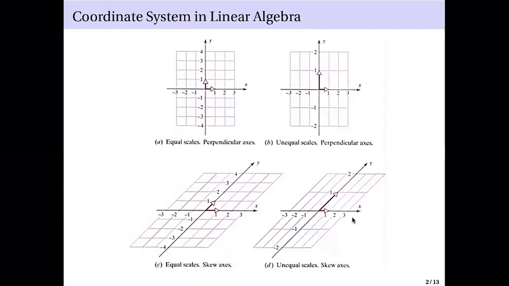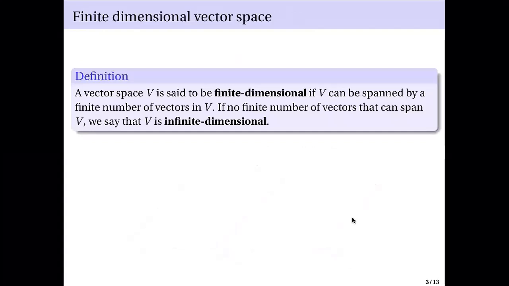So the question is, how do we construct such configurations in linear algebra? Of course, we will apply what we have learned in the previous lessons. Okay, so we have a vector space. Before we begin, let us define what we say to be a finite dimensional vector space.